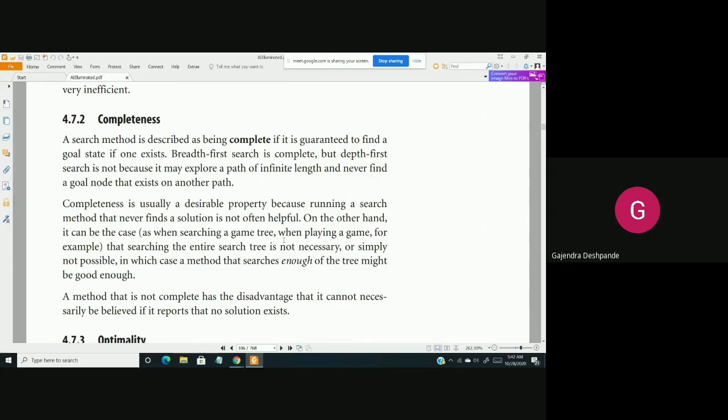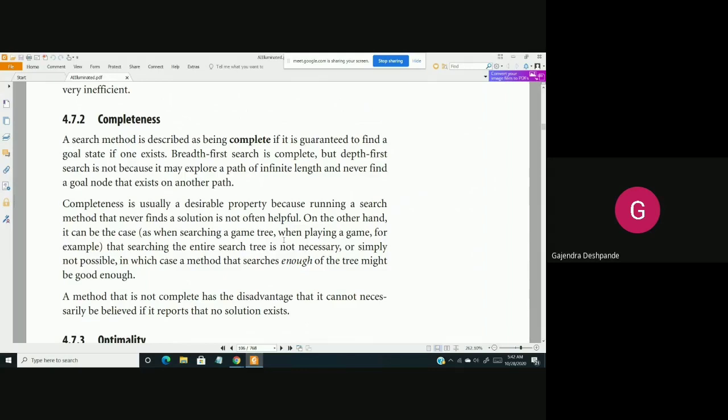So BFS is complete, whereas DFS is not complete, because DFS may end up examining very long paths or infinite paths, whereas even if you have infinite paths, if you apply breadth first search, it is guaranteed that you will get a result. Okay.